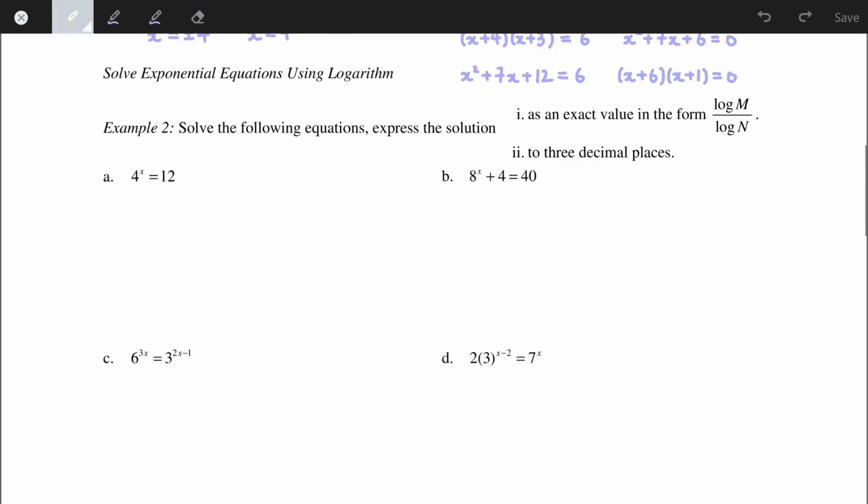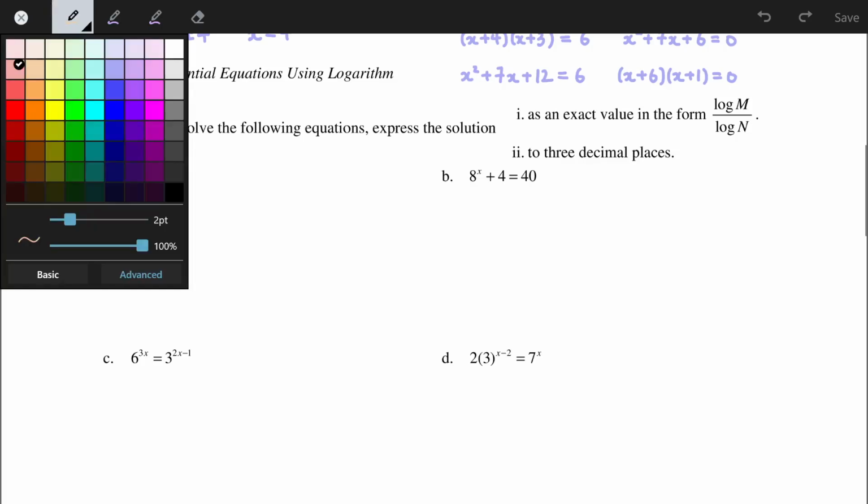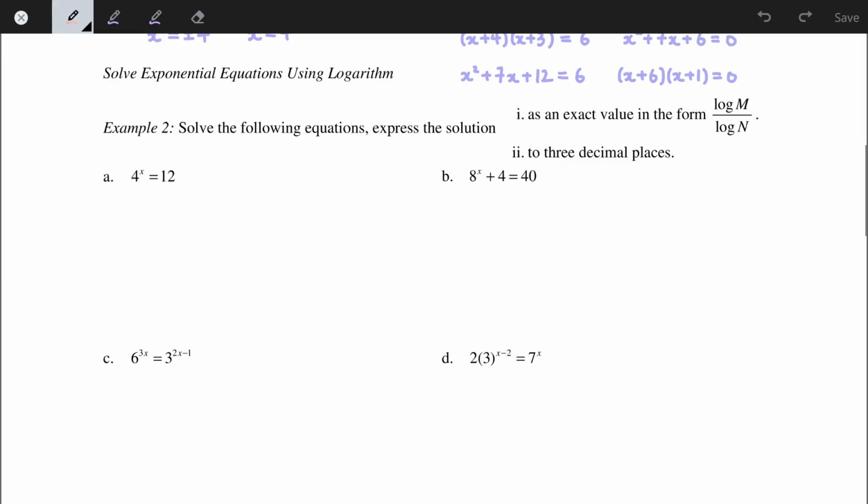So what we can do here is we can take the logarithm of both sides. So we have log 4 to the x is equal to log 12 on the right-hand side. Now, using the power rule for logarithm, we can move the x in front of the logarithm on the left-hand side.